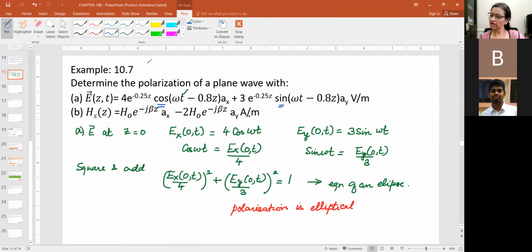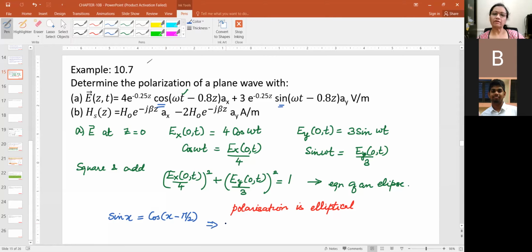If you write the relationship between them, sine of x can be written as cos of x minus pi by 2. Yes or no?